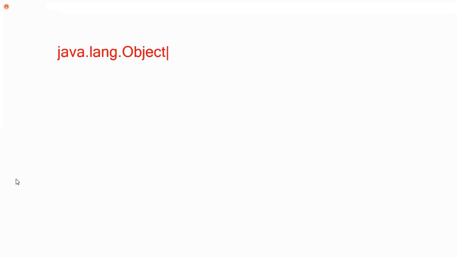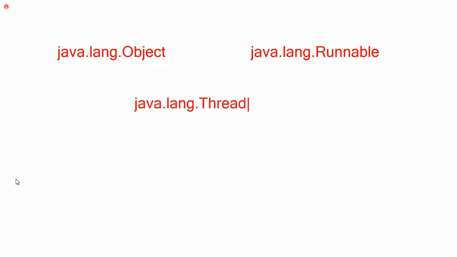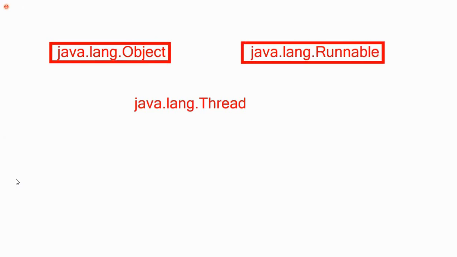The java.lang.Object class is a superclass. java.lang.Runnable is the interface. java.lang.Thread is the class. So this class and this interface are both inherited in this class.